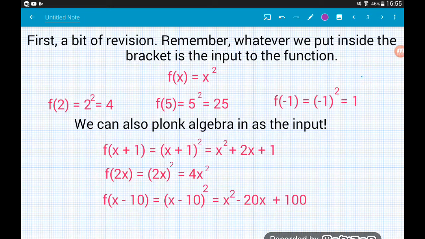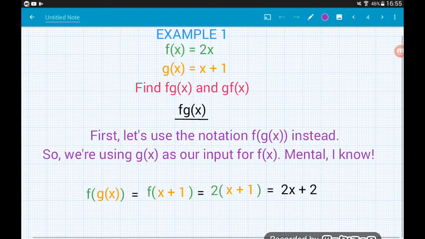And then if we take f of x minus 10, then we're putting x minus 10 into the function. So we'll get x minus 10 squared. And then if we expand that, we get x squared minus 20x plus 100. Now this bottom half of this page is what we're going to be doing in the rest of this video, substituting functions into functions. So let's get cracking.